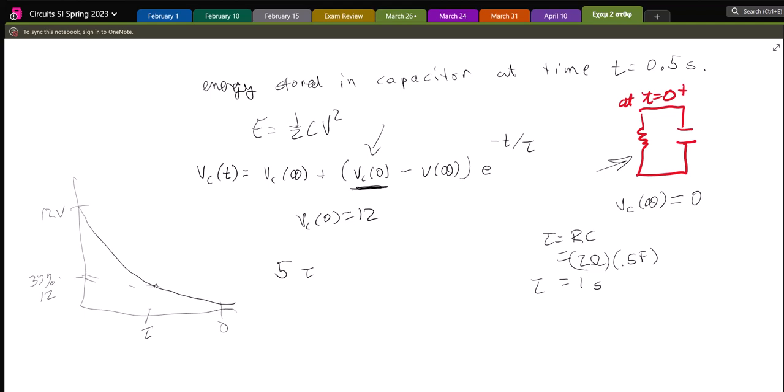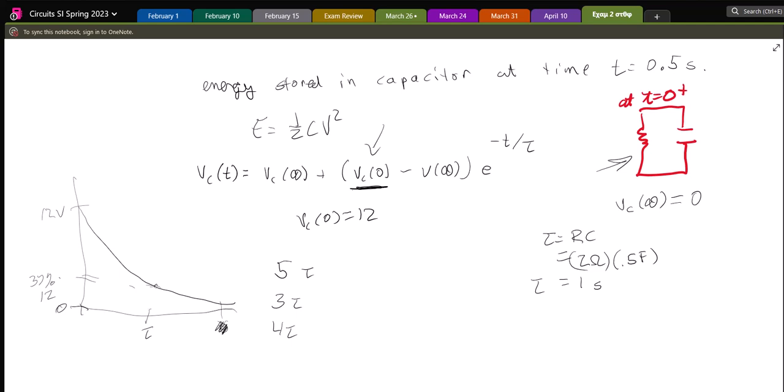And when do we say we're down to 0? Well, it's exponential decay. It's approaching 0 here. How close to 0 do we have to get? So 5 time constants is what most people use, but some people do use 3 time constants. Some people use 4 time constants. I'm not entirely sure what y'all have done in class.